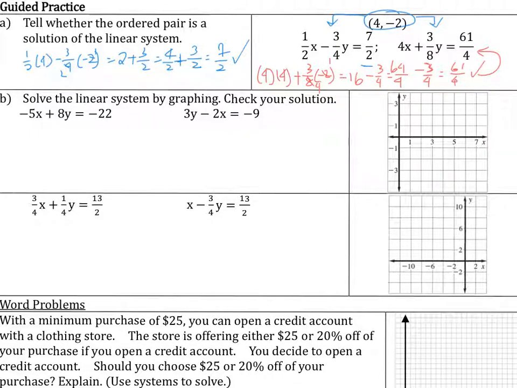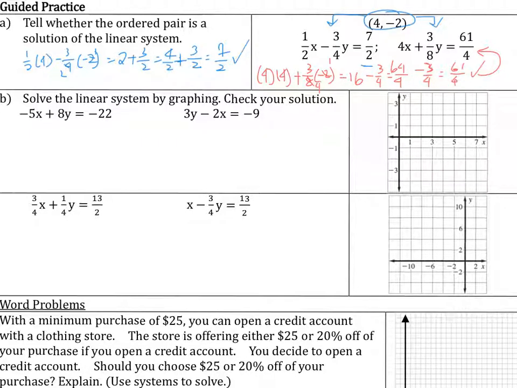Part B. Solve the linear system by graphing and then check your solution. For this linear system, I'm going to use the x and y intercepts to graph each of these linear equations because they are all in standard form.